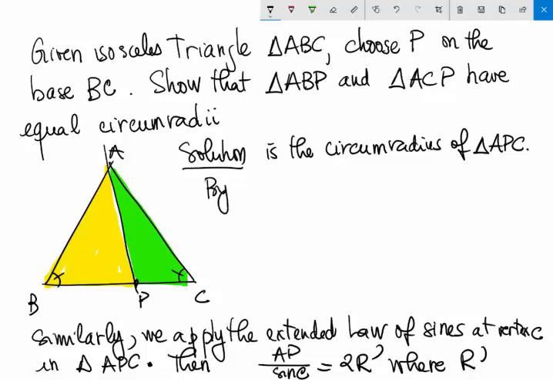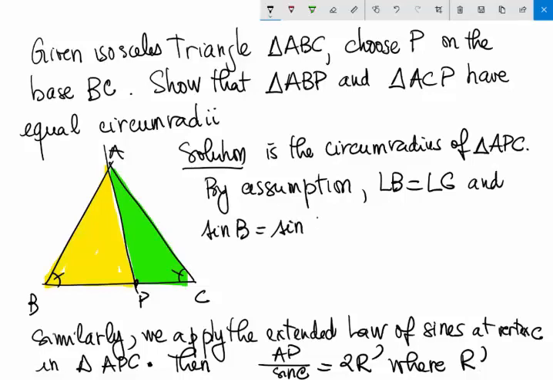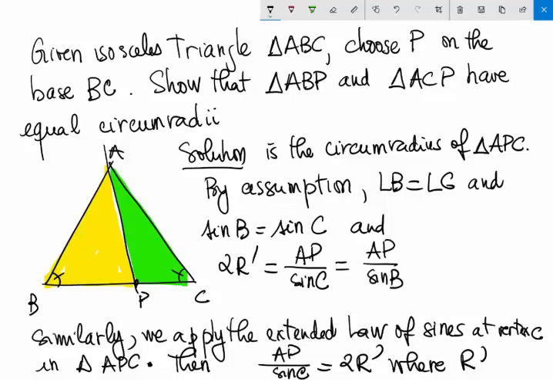Now, by assumption, we know that angle B must be equal to angle C because the triangle is isosceles with base BC. And this means that, of course, sine of B must be equal to sine of C. And 2R prime becomes AP over sine of C, which is AP over sine of B. They're the same because sine of C is equal to sine of B, which is also 2R.